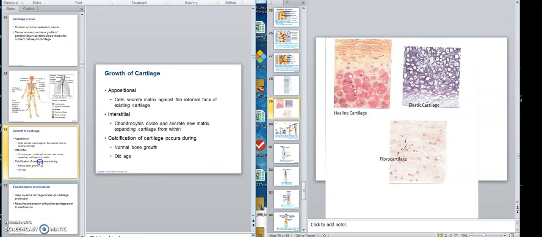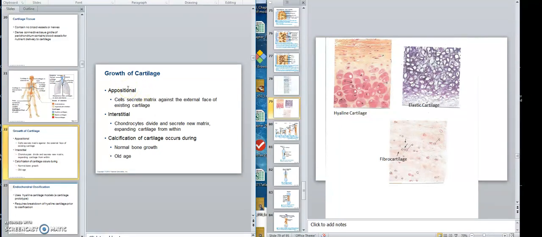Now, when it comes to growth, cartilage cells grow by appositional growth. When you say appositional, I want you to think about apply. That means that a cartilage cell would secrete cartilage on the edge, and then come back and secrete another layer of cartilage.